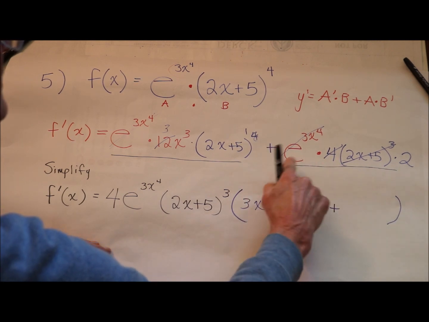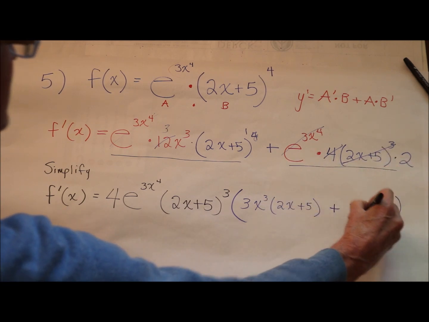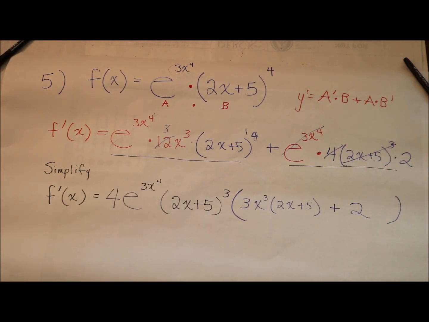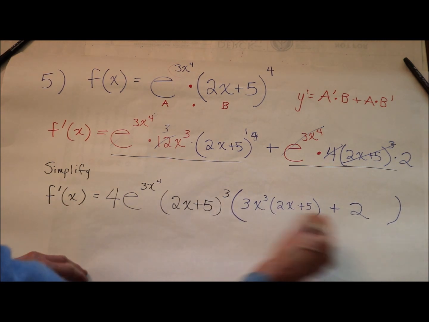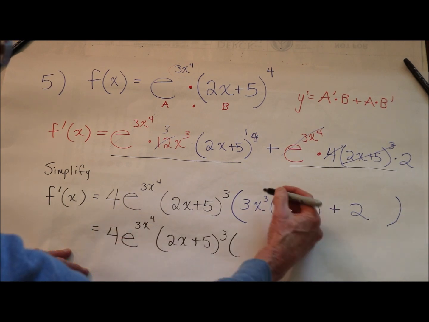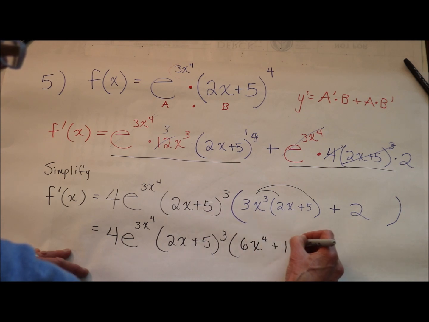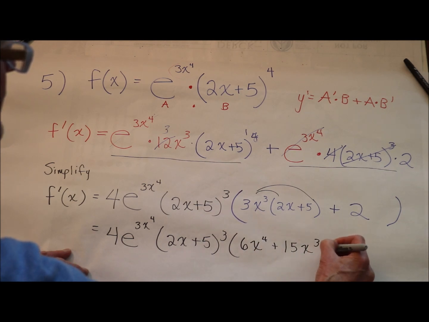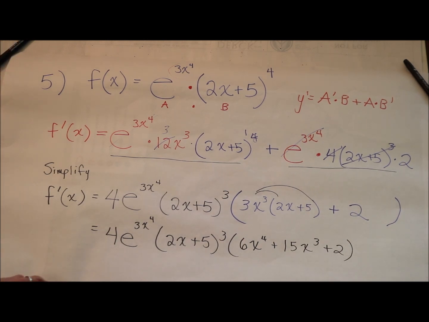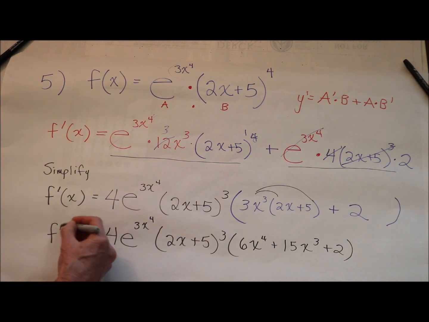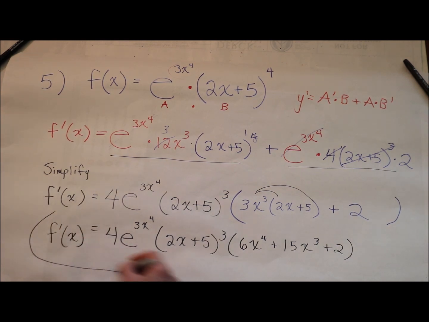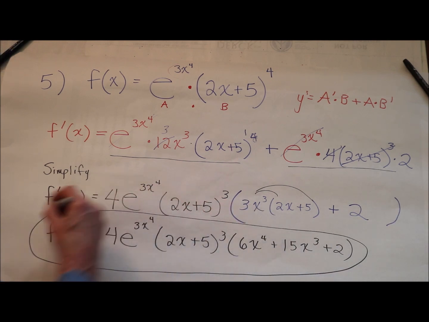Plus, in the second term, I have a 2 left. All right, and now, maybe to finish this, I might clean up the leftovers a bit. And by cleaning up the leftovers, I mean I can distribute and combine like terms. In this case, there are no like terms to combine. So this might be one way to write my final derivative.